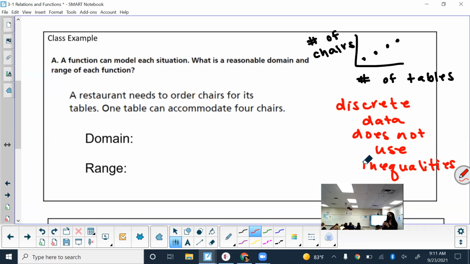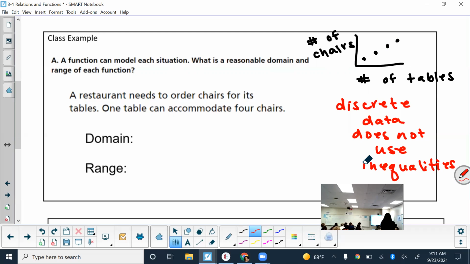Usually it'll say all positive integers, or what else? All real numbers, or increments of 4, something like that. Or they might have a list. So we'll do a list.